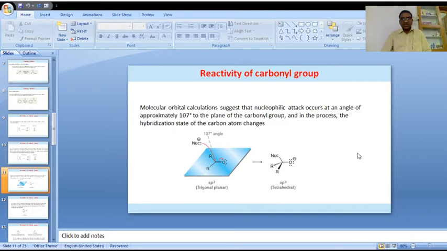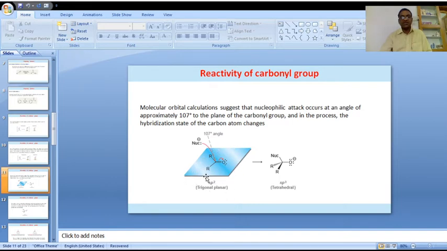Generally, the nucleophile attacks the carbonyl carbon at approximately 107 degrees. Here, this carbonyl carbon has two alkyl groups and a C double bond O. These carbonyl functional group atoms are arranged in a planar manner.